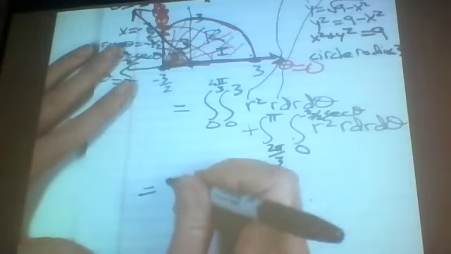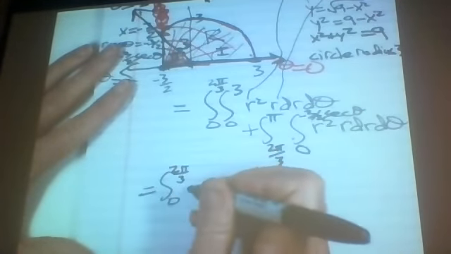This would be the integral from 0 to 2 pi over 3 d theta times the integral from 0 to 3 of r cubed dr. That's the first one. Then the second one, I can't pull d theta out of there. Why not? Because the endpoint evaluates at theta. So this inside integral is a function of theta. Not so easy.